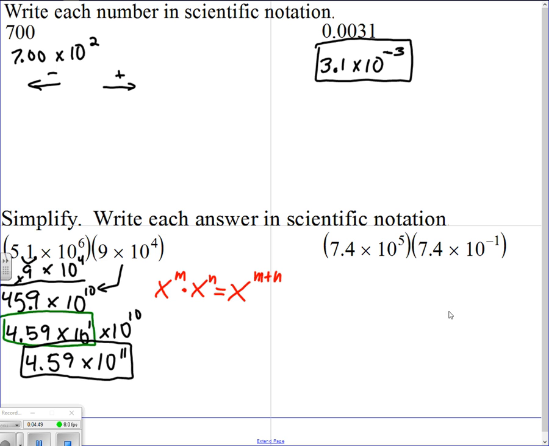Next example, same idea. Copy this over here. So that'll be 7.4 times 10 to the negative 1. If you want to cross this out so it doesn't confuse you anymore, and that should be multiplying. 4 times 4 is 16, 16, carry your 1. 4 times 7 is 28, and 1 is 29.